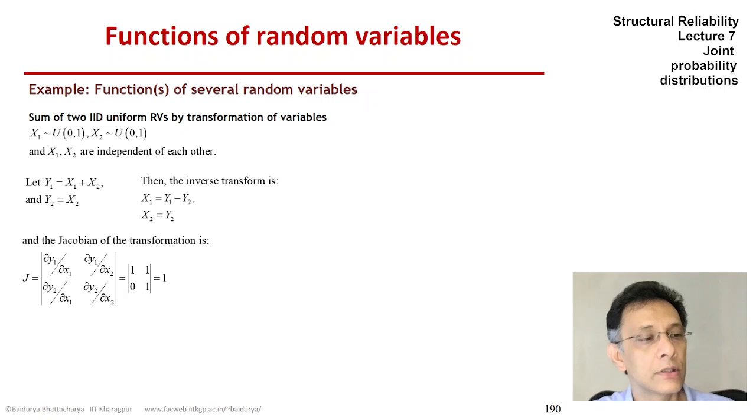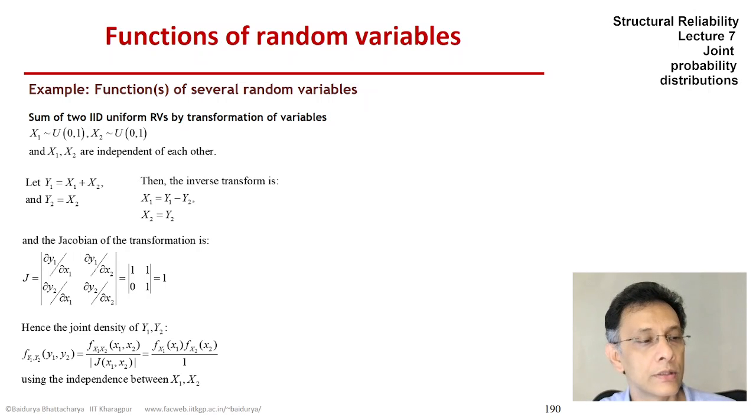So this lets us write the Jacobian, and it's a constant equal to 1, and that lets us describe the joint density of y1 and y2 in terms of the joint density of x1 and x2, and we conveniently make use of the fact that x1 and x2 are independent, so the joint density is the product of the marginal densities.